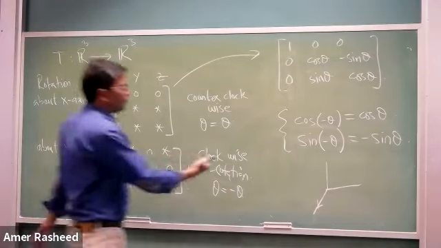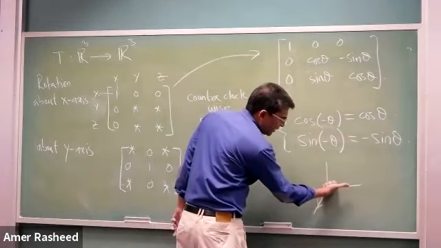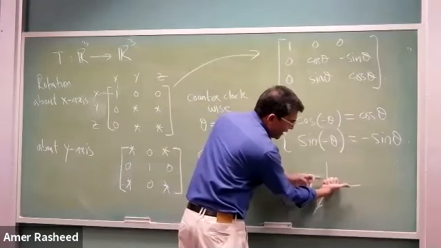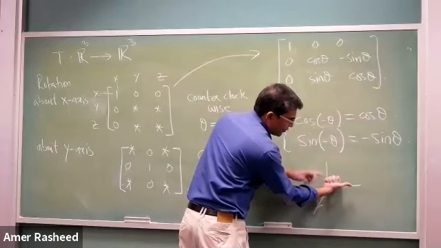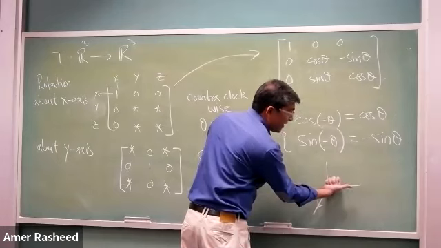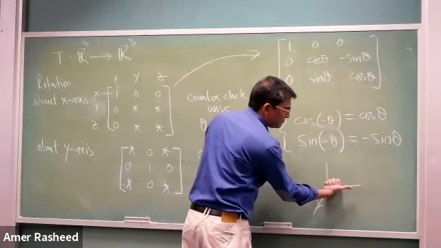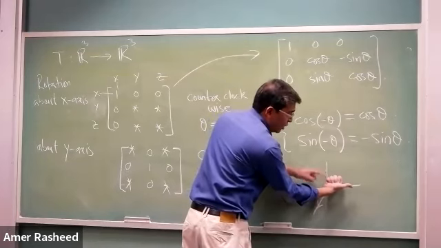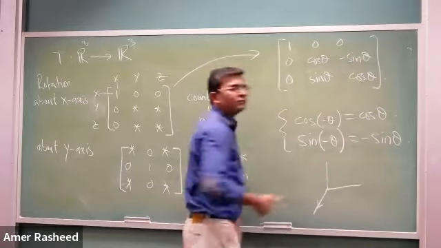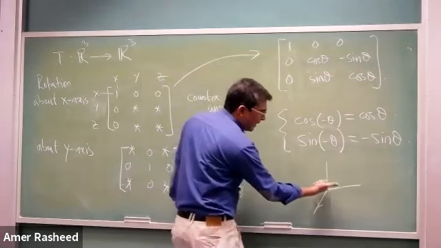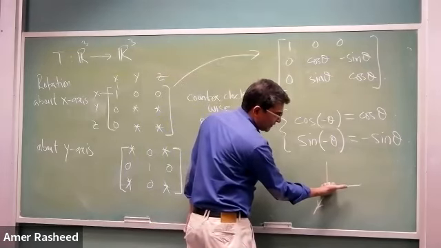Again, when you point your thumb along y-axis, you look at your fingers, how they are rotating. They are rotating clockwise. You draw a 3-dimensional axis yourself, and point your thumb along y-axis.